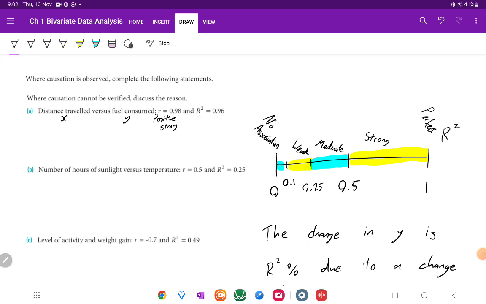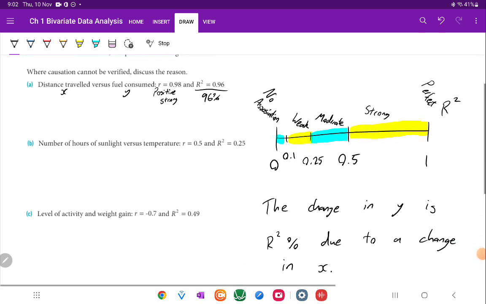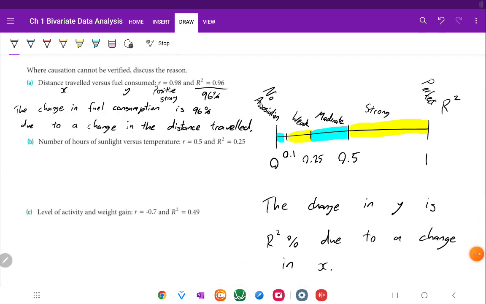How can we put that into a sentence using r squared? Well, r squared is 96%. You can just times it by 100 to convert it to a percentage, and then we can state it using the sentence pattern down the bottom. Alrighty, pretty good.